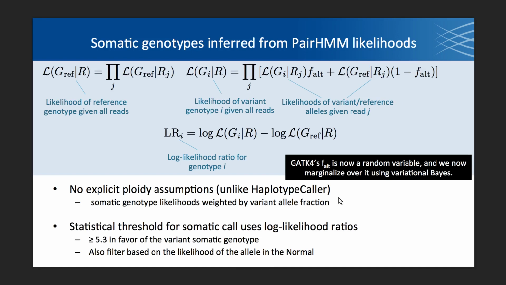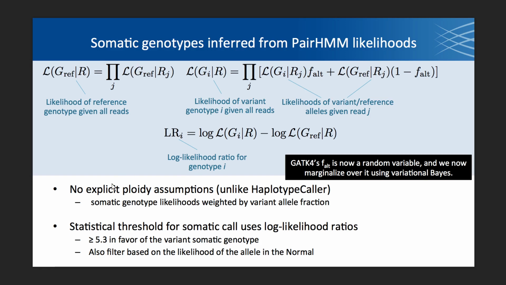Again, somatic genotypes are inferred from PairHMM likelihoods. There's a Bayesian equation that I'm not going to get into because Laura has covered this fairly well. One thing to point out is that there isn't a ploidy assumption, and there is a variable here that is a random variable that our developer says the tool marginalizes over using variational Bayes.